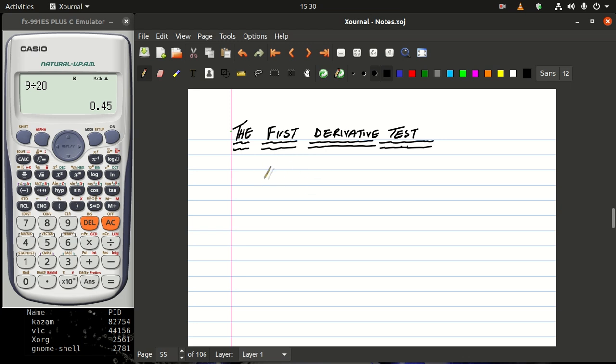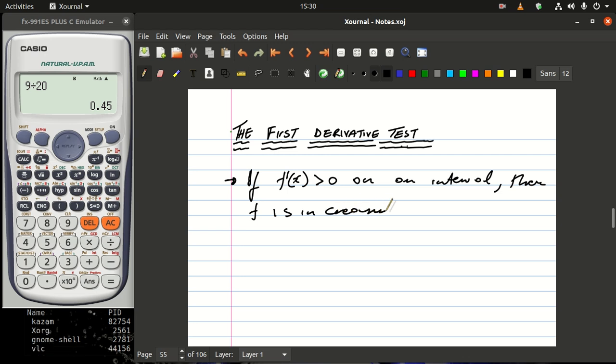So what is important here, if you forgot, we said that if you have a first derivative with respect to x and you know that it is greater than 0 on an interval, then you know that the function f is increasing in that interval.